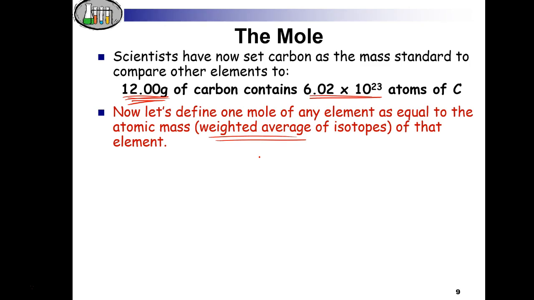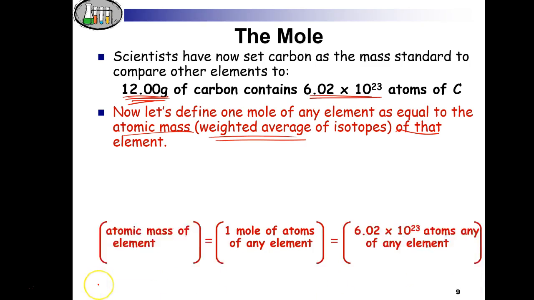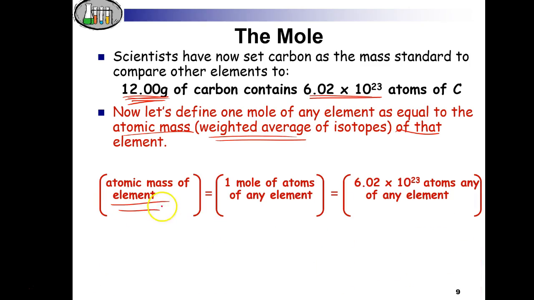I remember doing the weighted average in chapter 3 and 4, maybe. That's the atomic mass of the element. So the atomic mass of the element is for 1 mole of the atoms of any element, 6.02 times 10 to the 23rd atoms of any element.